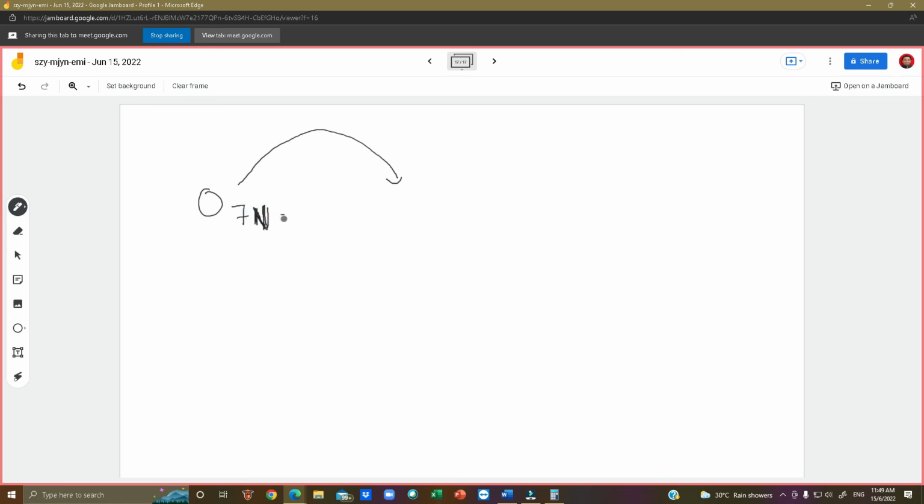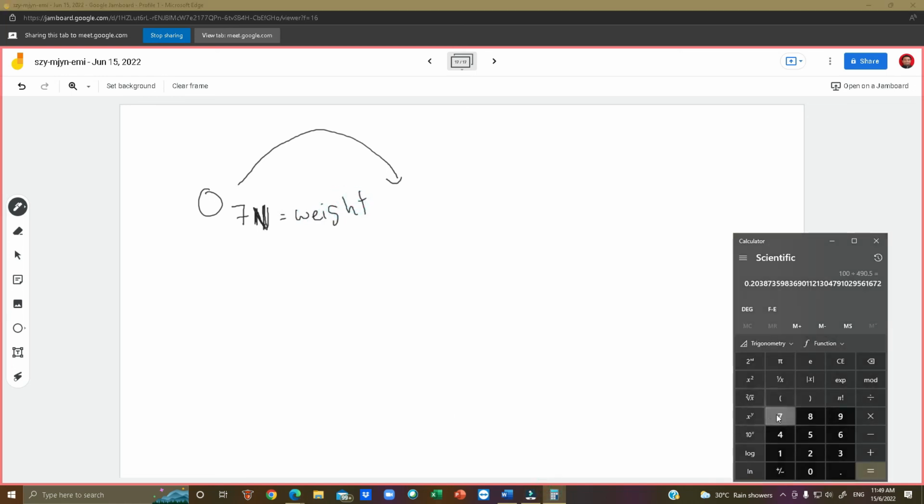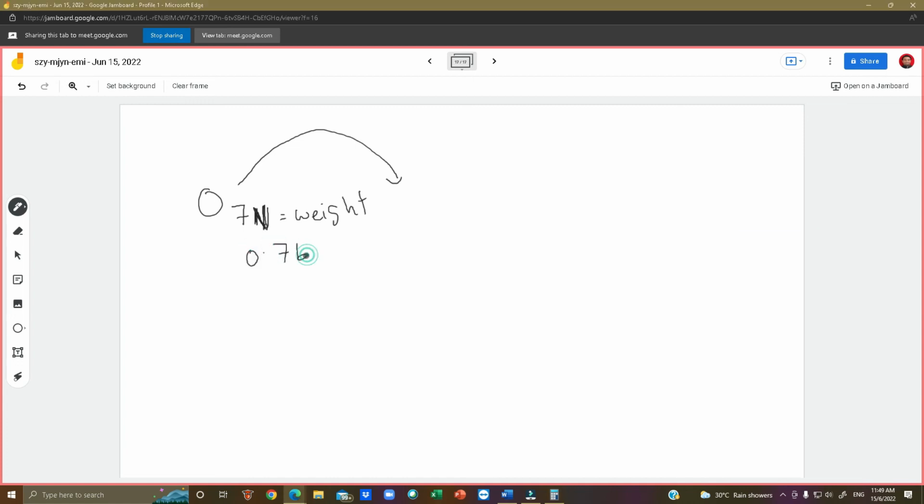This is dia punya weight. Mass dia berapa? 7 bahagi 9.81. You have 0.7 kg. Ni dia punya mass.